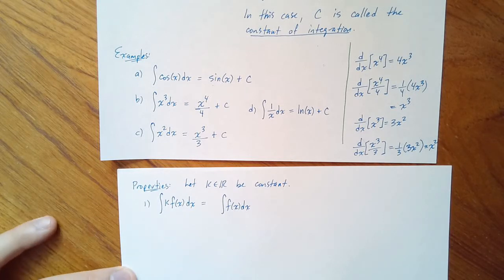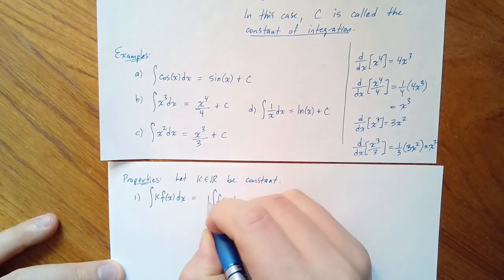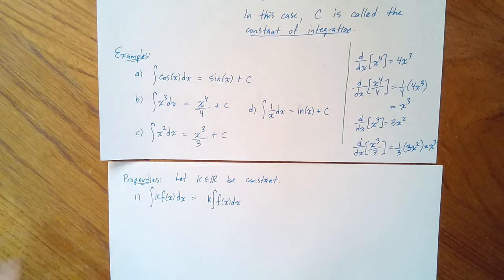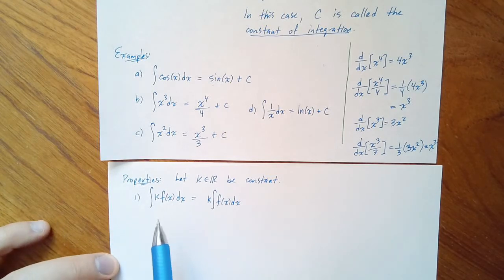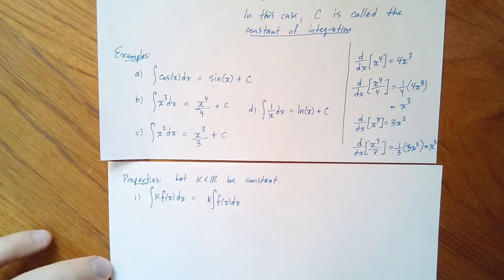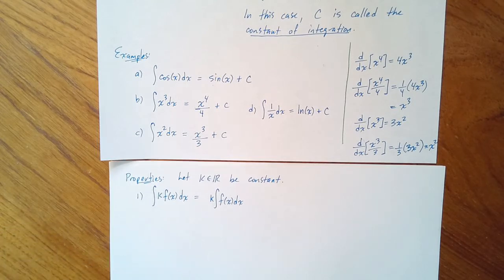And then once you're done finding the antiderivative of f, you can multiply by the k afterwards. That's what the first property says. So essentially, just like with derivatives, you can pull constants right out of antiderivatives, and you can pull it out of this general indefinite integral. Okay, so that's the first property.